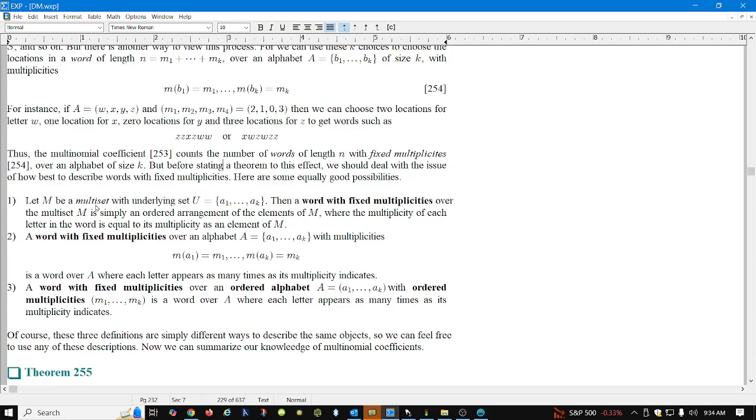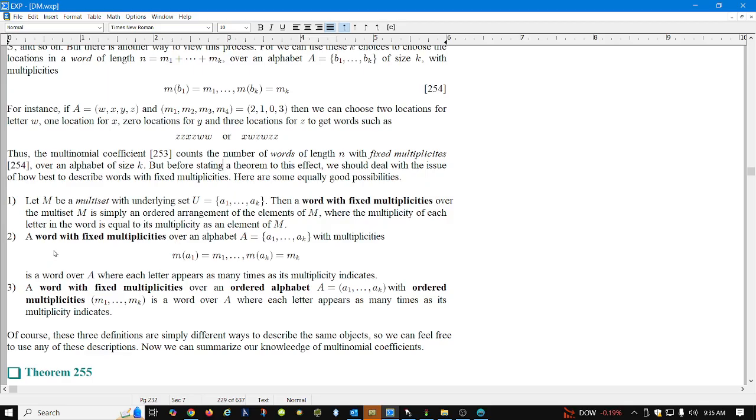Every element already has a multiplicity in the multiset, so we've taken care of specifying the multiplicities when we specified the multiset. All we have to do now is take the elements of the multiset, including their repetitions, and order them, and we get a word with fixed multiplicities. The multiplicity of each letter in the word is equal to its multiplicity as an element of the multiset. Okay?